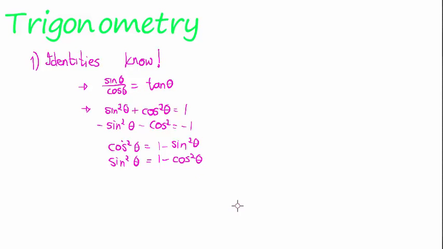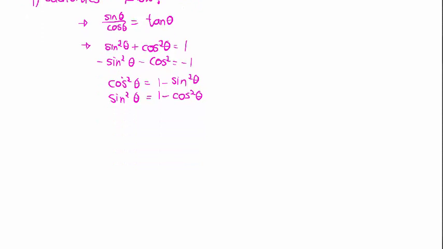The ones you don't know are the double angle ones. They're also fairly easy, but they're also identities, guys. You need to know these ones. Sine 2 theta is what? No, you don't know.